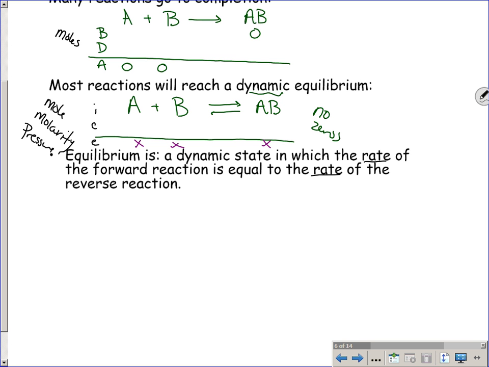It's just that we don't see it happen anymore. We don't see any more changes because they're happening at the same speed. And that's what we mean by dynamic. It's not static. It doesn't reach equilibrium and then the process is no longer occurring.